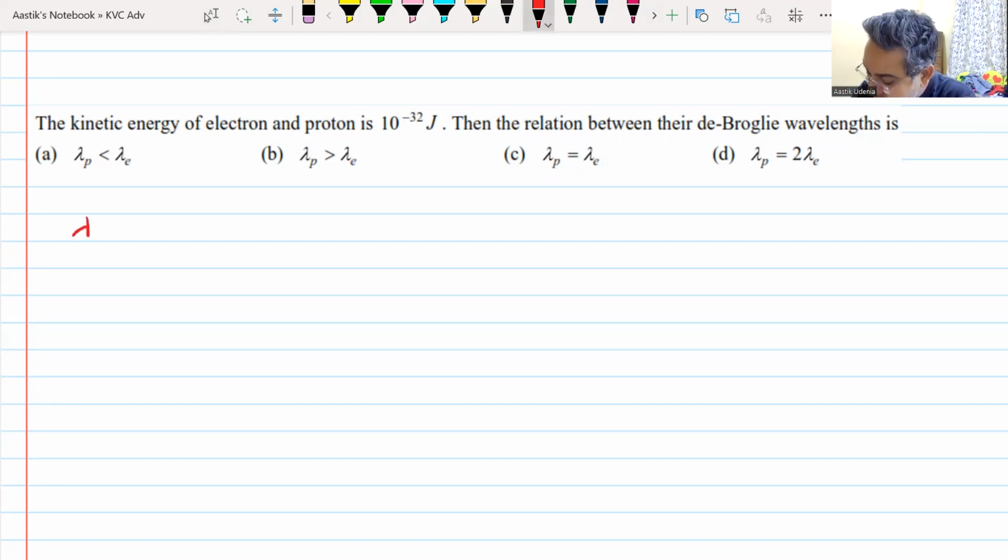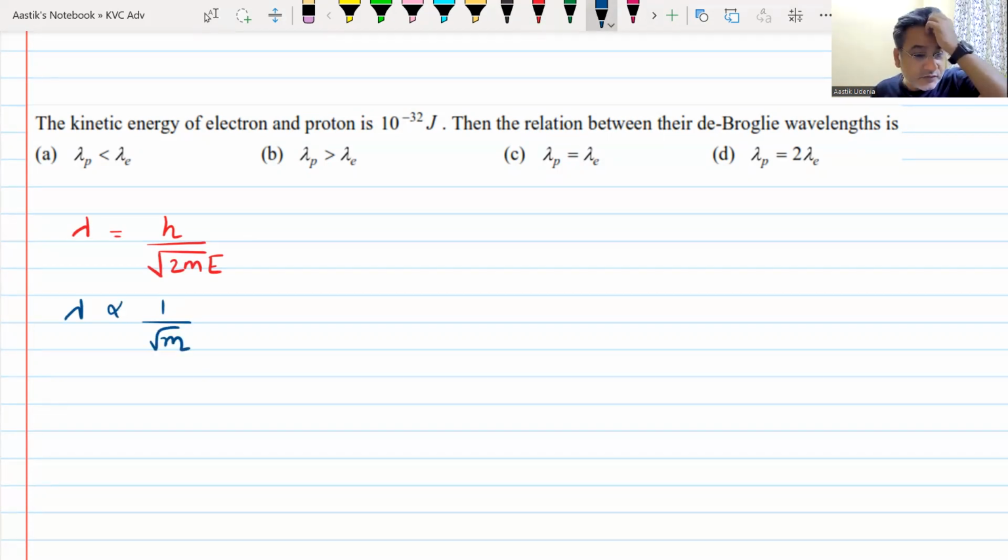For any charged body, the de Broglie wavelength is given by h divided by under root of 2mE. Now everything is the same. h is a constant, and the mass and energy of both the bodies are the same. So you can see lambda is proportional to 1 by root over m.